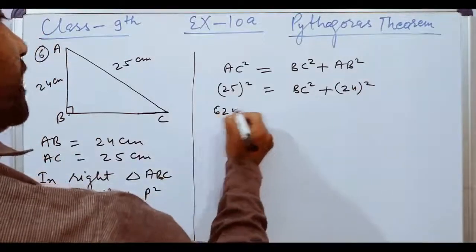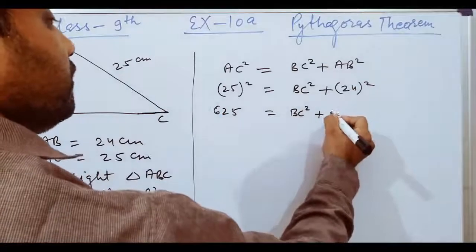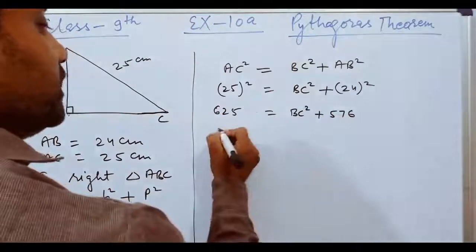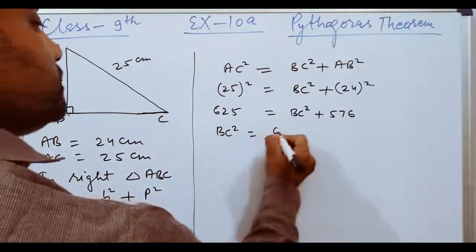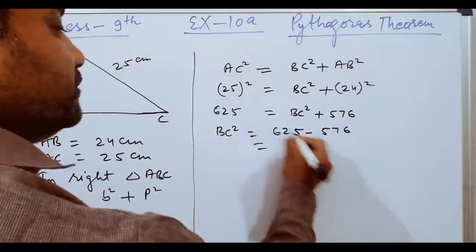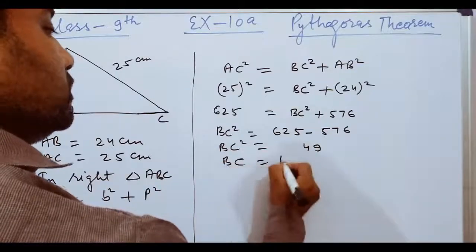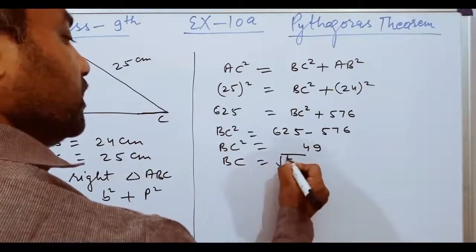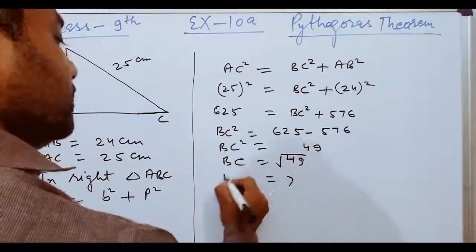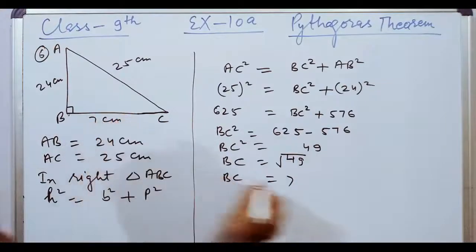This is 625 equal to BC square plus 576. BC square equal to 625 minus 576. It is 49, BC square. BC equal to square root 49 equal to 7. BC equal to 7 centimeter.